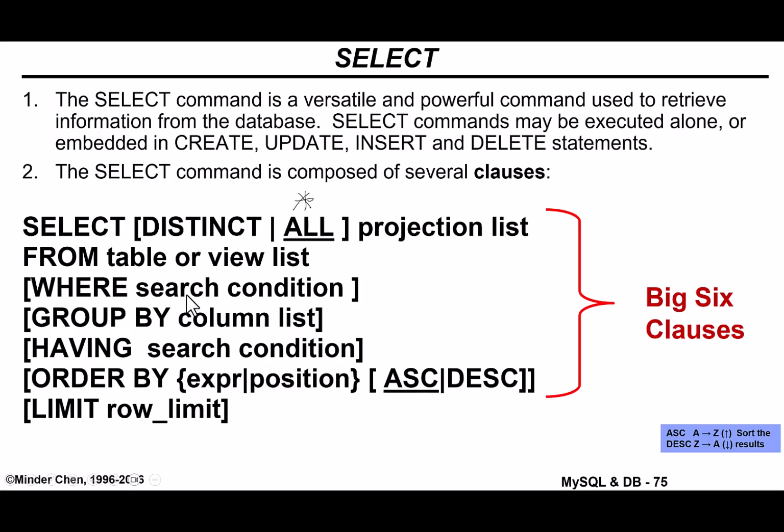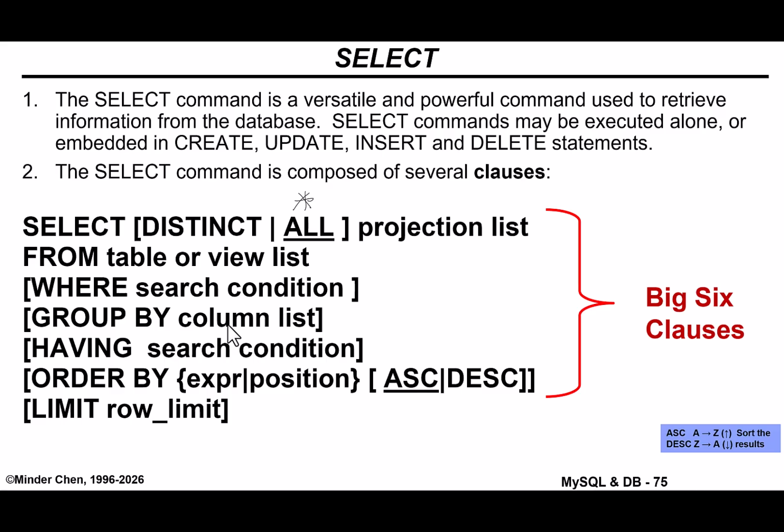The where clause sets the search or filtering criteria. Group by and having are much more advanced, and we will have a lecture on them. You can group your data by certain columns as separate groups, and then analyze the data, and having works with group by.